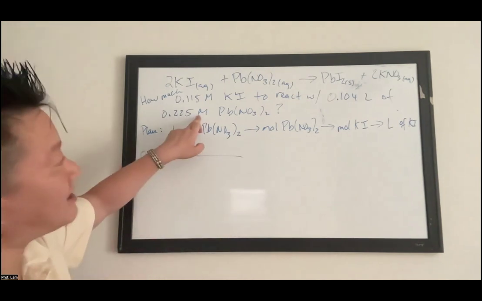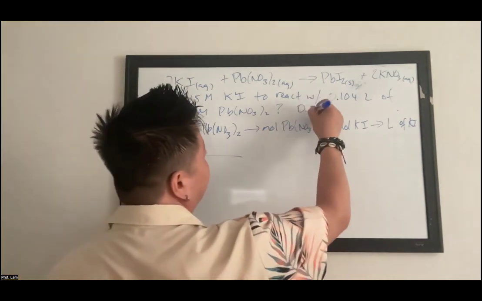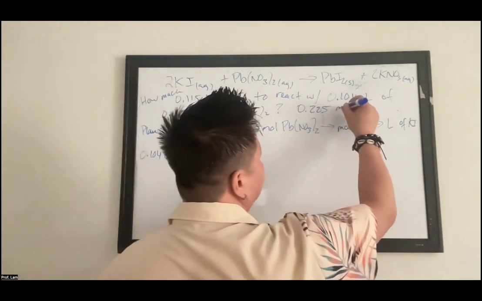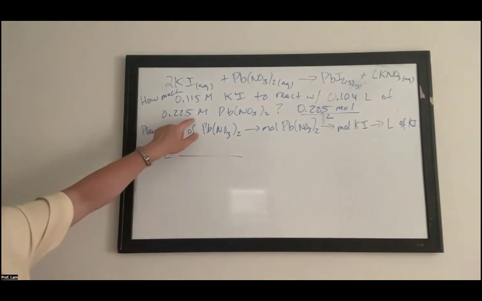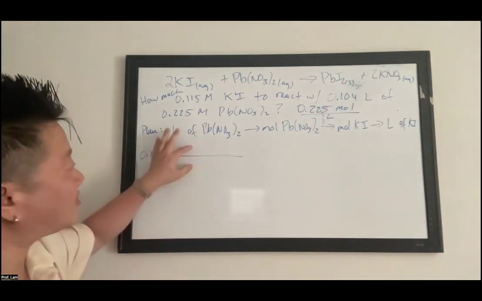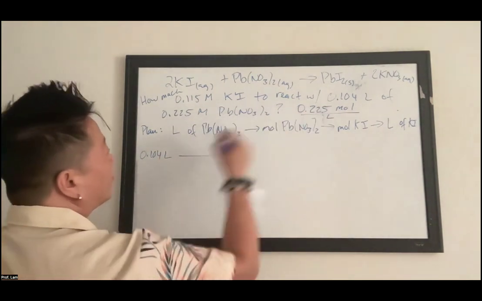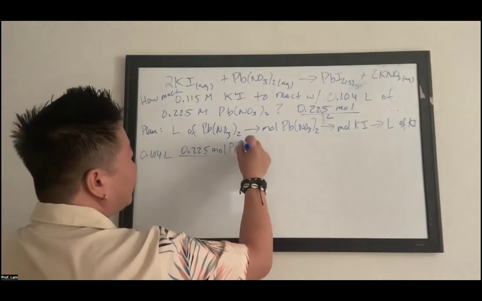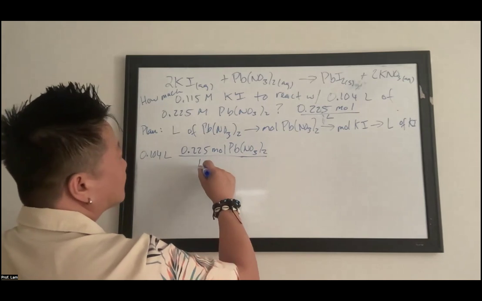We start with the volume, 0.104 liters. And anytime you see a molarity, remember I told you in a previous video, you're going to translate it to moles over liter. So 0.225 molar is moles over liter. That allows you to set it up here as a conversion factor. You know you want moles on top, so you write 0.225 moles of Pb(NO3)2 over liters.